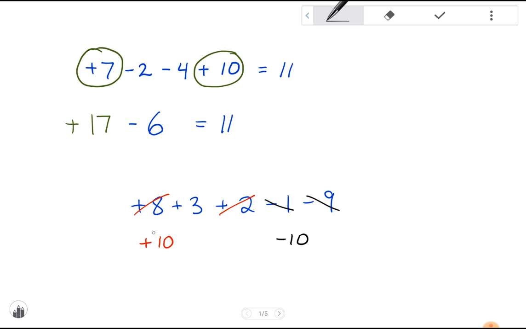Okay, and so real quickly we can see +10 and -10, well, those cancel each other out. If we add those together, they add up to 0. Okay, so the only thing that's left here is +3. So if we put a deposit of 8, a deposit of 3, a deposit of 2, and then withdraw 1, withdraw 9, well, then our total is going to be +3.